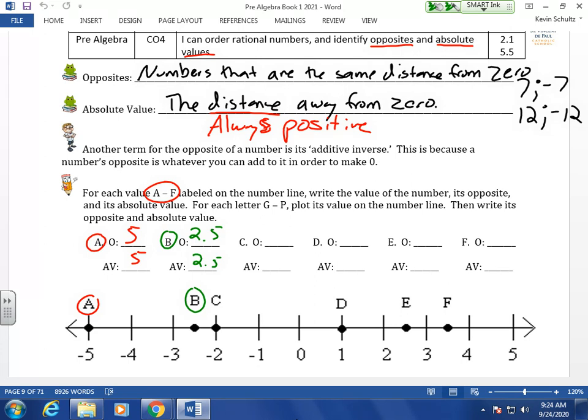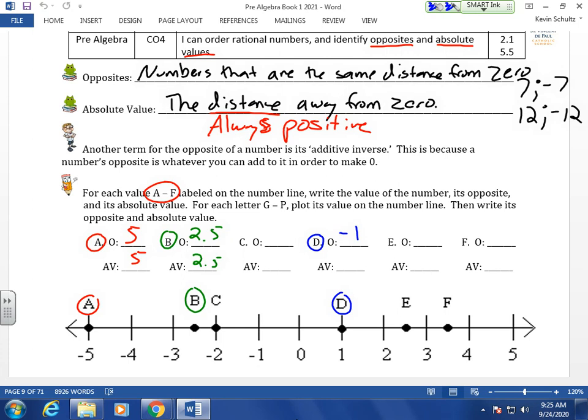Let's jump over to point D. Now we're on the positive side of 0. We're at positive 1. What is the opposite of positive 1? Anybody? Yeah. Negative 1. So in this case, our opposite value is going to be negative, because our original value is on the positive side.